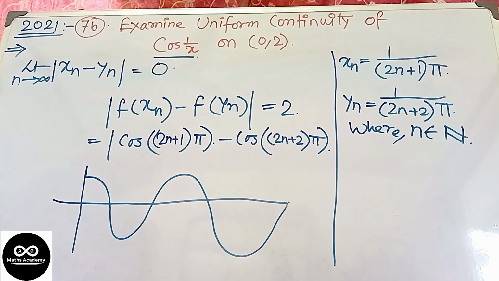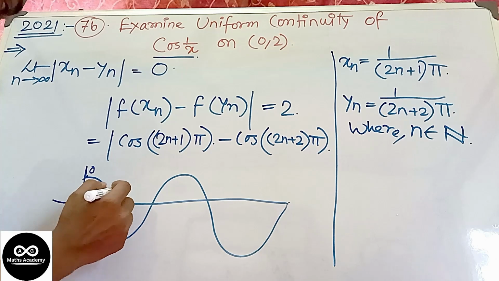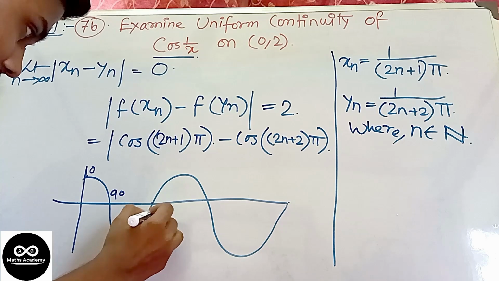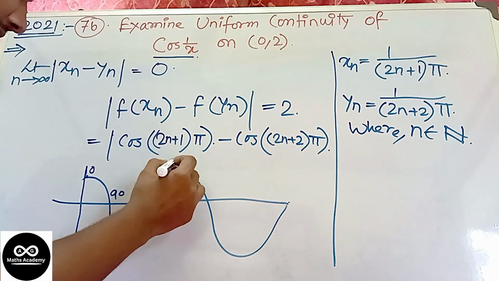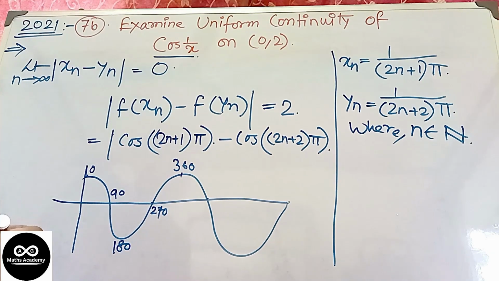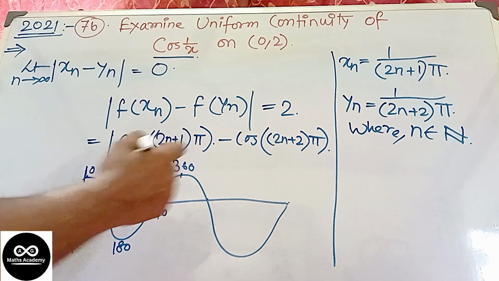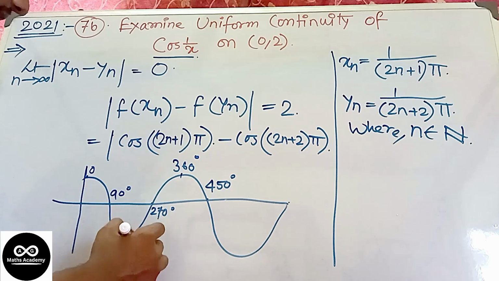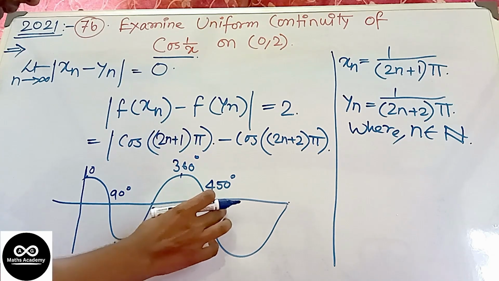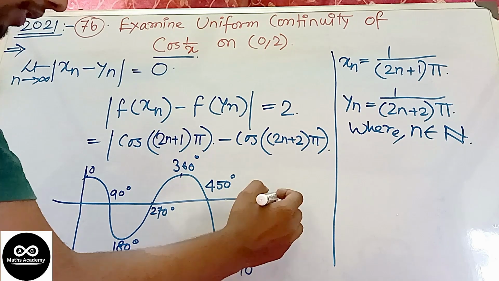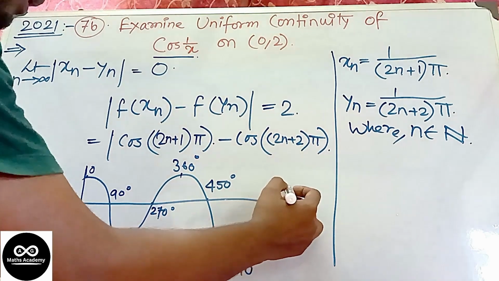Now see that it's 0 degrees here, it's 90, it's 180, it's 270, 360, it's 450, 540, and this will be 630.